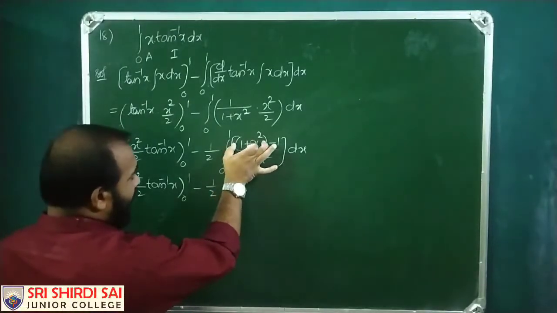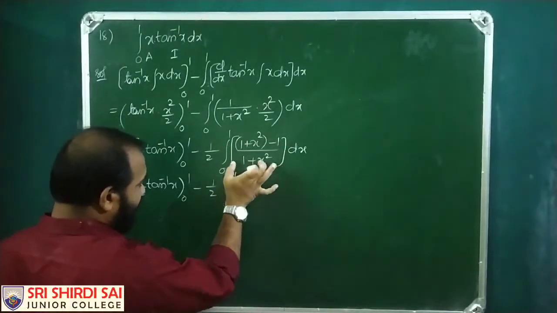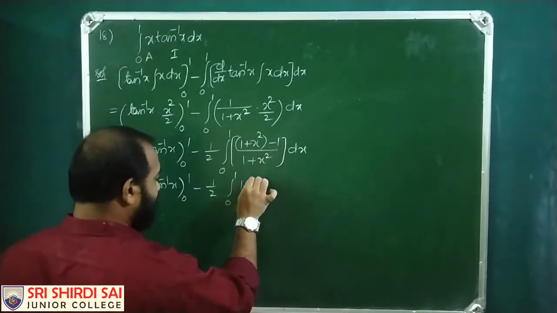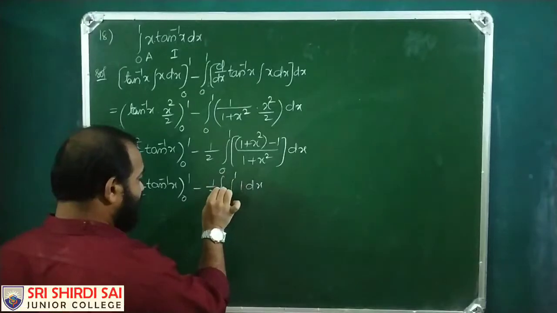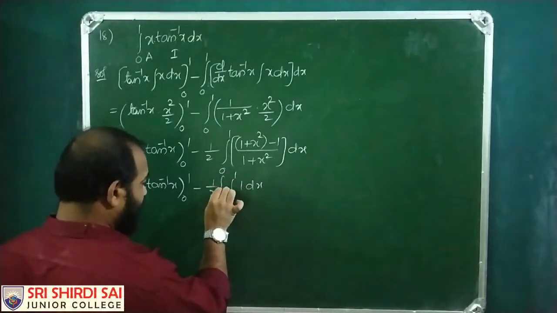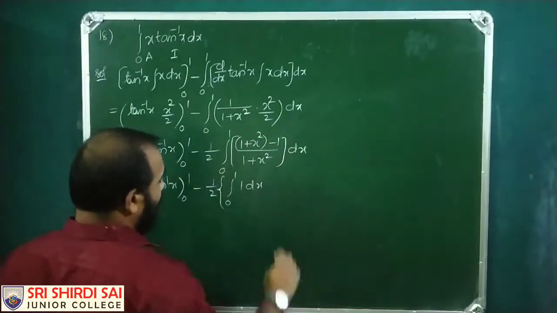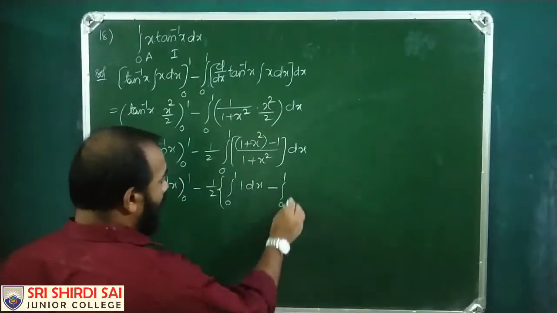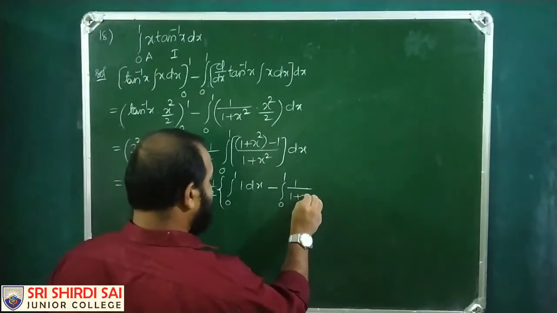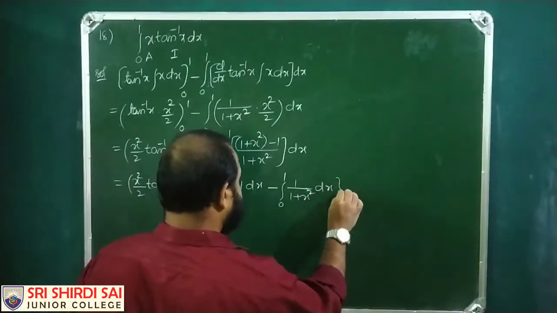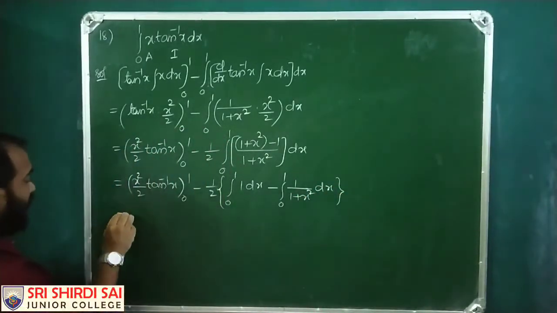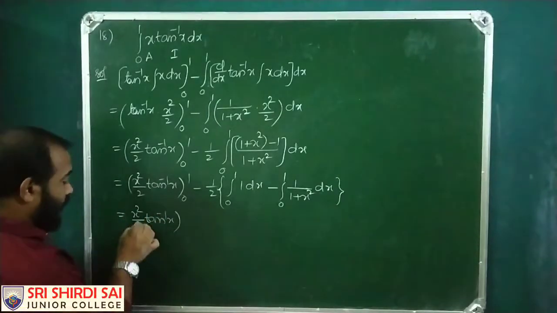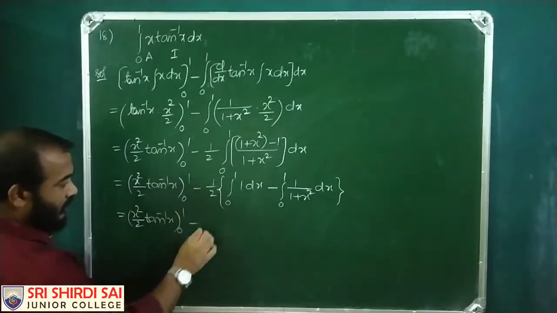So this is a minus b by c, a by c, 1 plus x square gets cancelled, so 1 dx. So this 1 by 2 is being multiplied as a whole, minus integral 0 to 1, 1 by 1 plus x square dx.